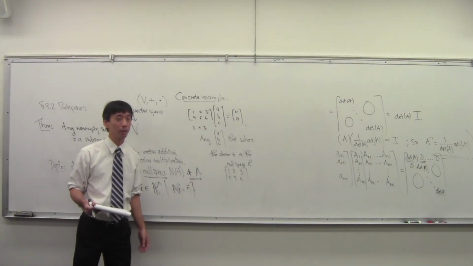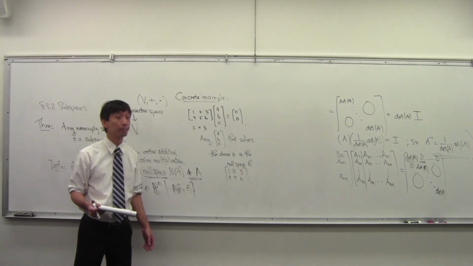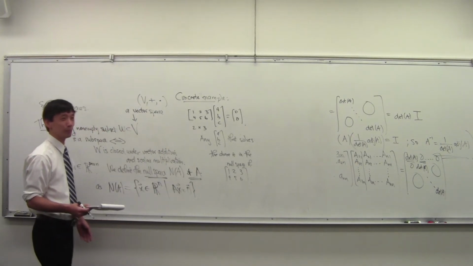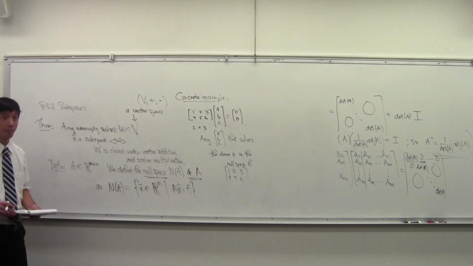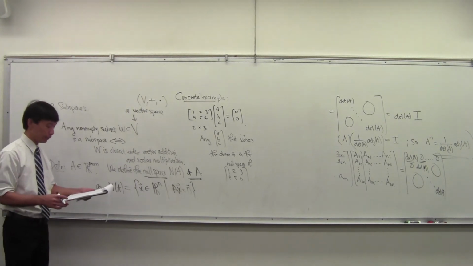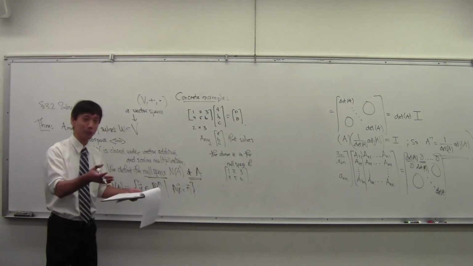Yeah, Lizzie. So the only null space for invertible matrices is 0? That's right. Yeah, so that's actually one of your homework problems, I think, which you've already basically solved.